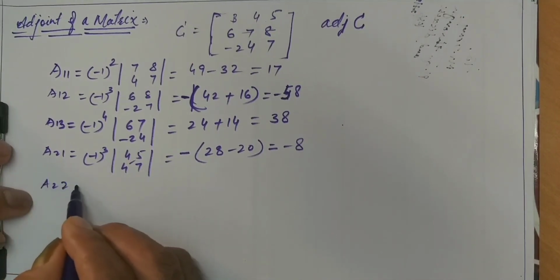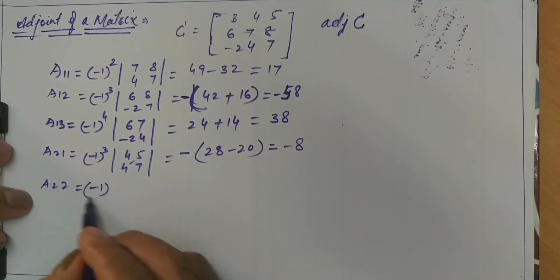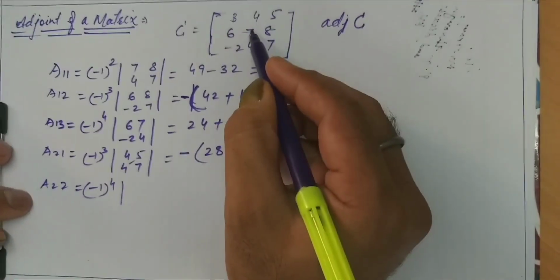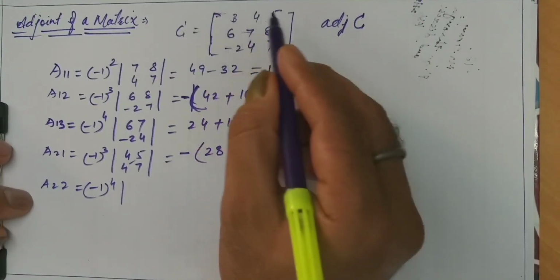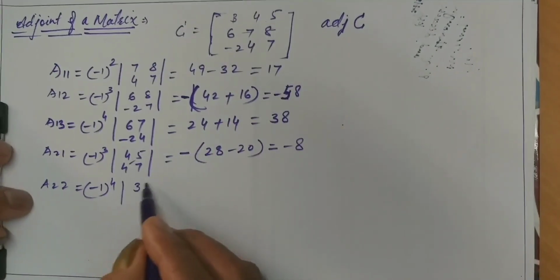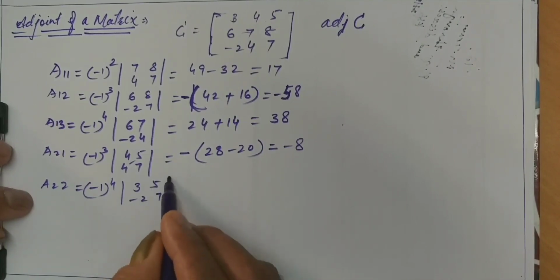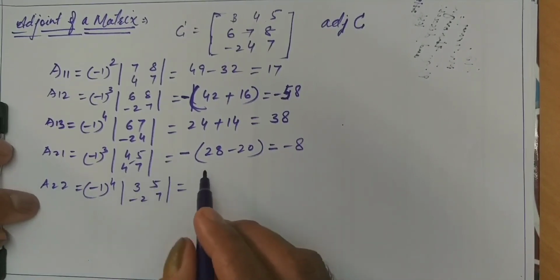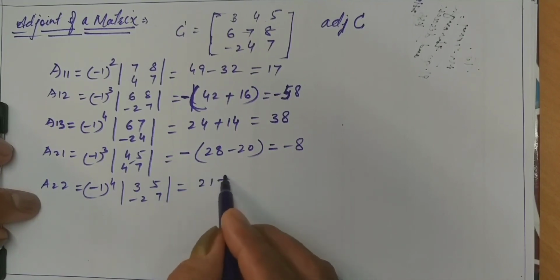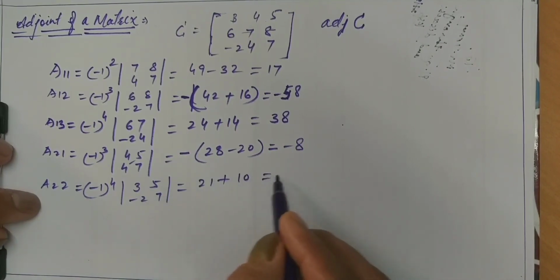A22, which is equal to minus 1 to the power 4. A22 means this 7, so leaving this way 3 5 minus 2 7, which is equal to minus 1 to the power 4 positive, 21 minus minus plus 10, 31.